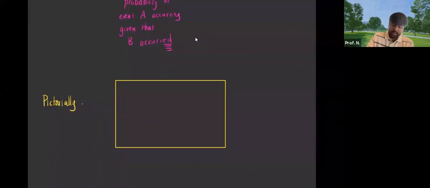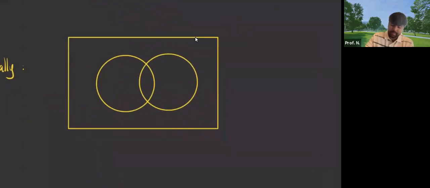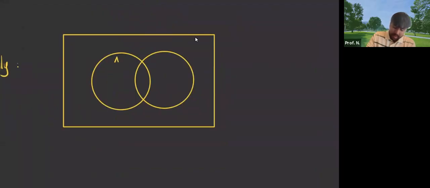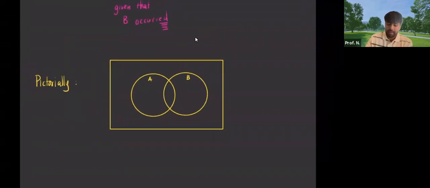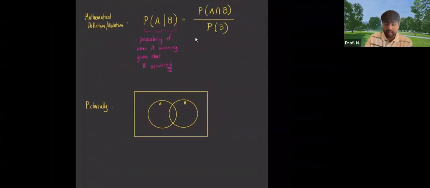So again, I have two circles, A and B. Now I'm going to look at this and say, what's the probability that A happens given that B occurs?